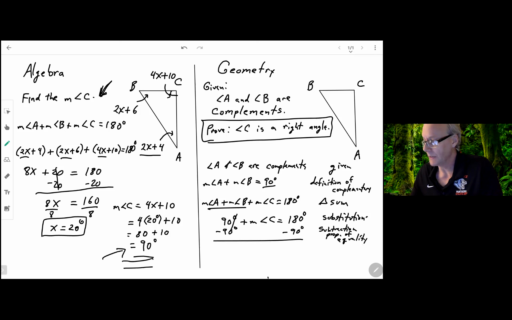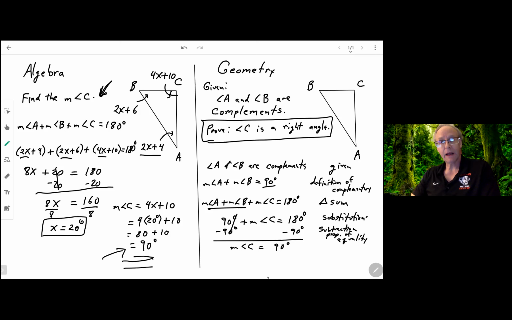And when I add those together, I get the measure of angle C is equal to 90 degrees. And all I did was subtract on both sides. I just did simplifying, whatever you want to call it. You could write down algebraic steps, or I could write down I simplified or I subtracted from both sides.